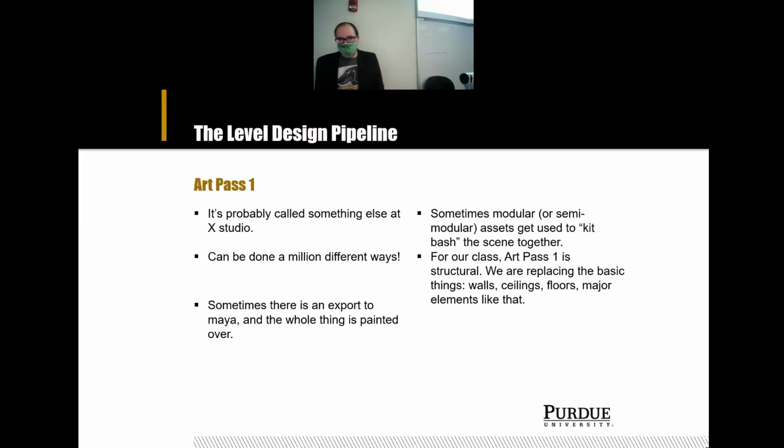We're not worried at this stage about the small props. If we're doing this classroom, and I'll try to describe it for statewide people, it's just a typical classroom. You would worry about the floor, the walls, the ceiling, but you would not necessarily worry about the desks yet. That would come later. So you're really just focusing on structure at this point.